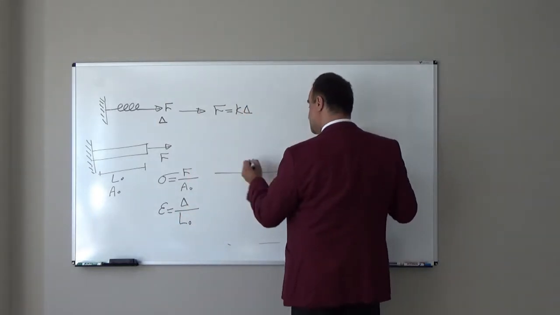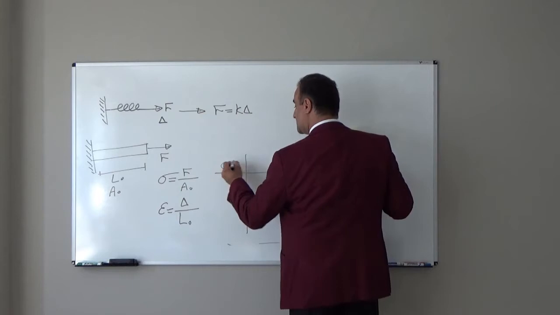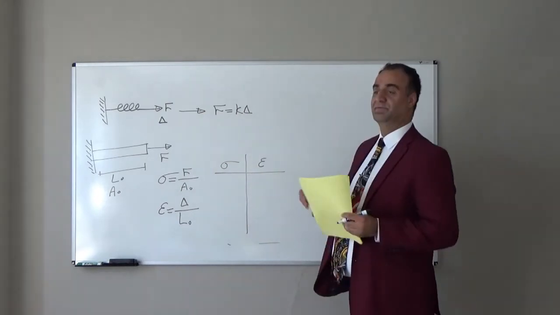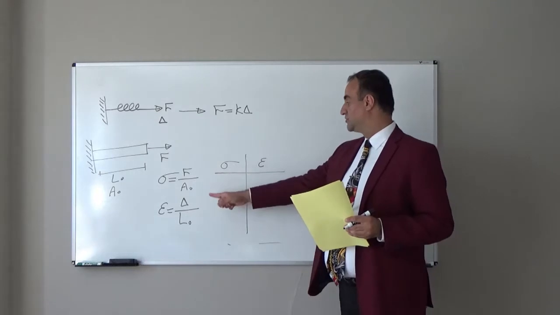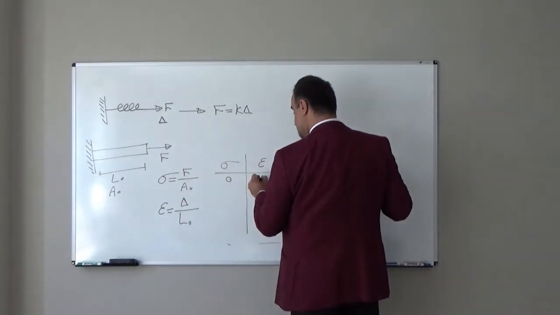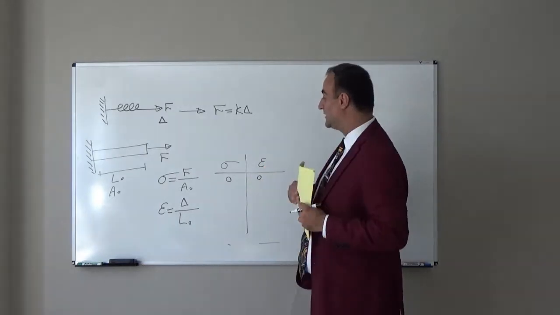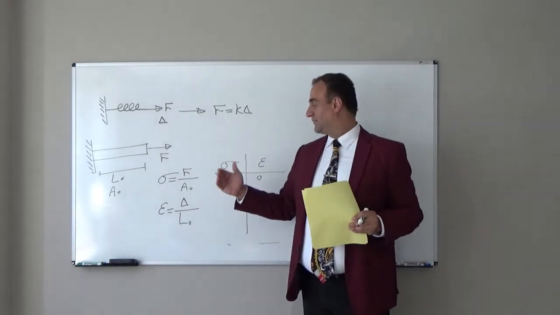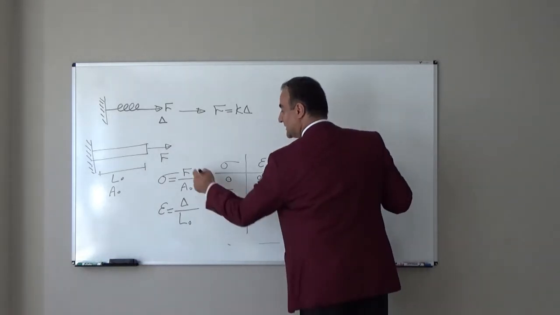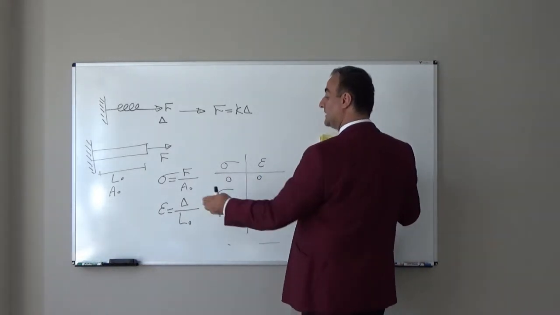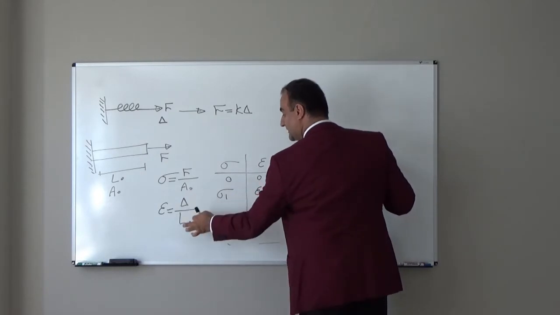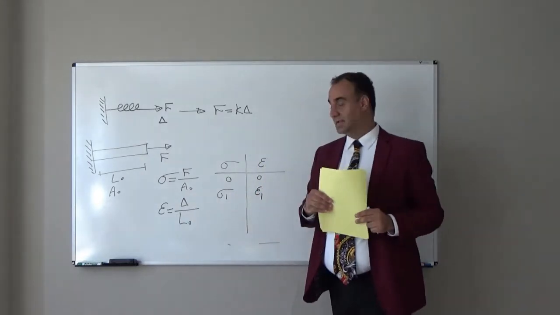So here, if I show stress and strain, assume in first point our force is 0, so stress is 0. If force is 0, deformation is 0, strain is 0 too. Then I increase force to the F1 value. Stress will be sigma 1 because F1 divided by A0, and epsilon will be epsilon 1 because it will be delta 1 divided by L0.